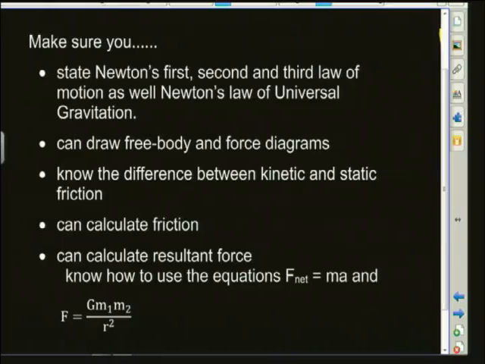Very, very important. Secondly, make sure you know the difference between a free body diagram and a force diagram. Why? Because if you get asked in your exam to draw a free body diagram and you draw a force diagram, you get naught. They don't even look at what your labels are. They don't look if they go in the right direction. They don't care. It's wrong.